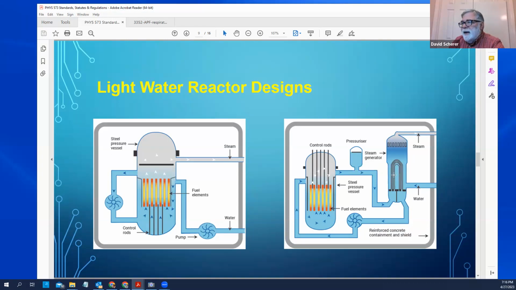That water is then passed through a heat exchanger. So the very hot water runs through small tubes. Another loop of water, a separate loop of water, comes in. It's heated by the tubes in the heat exchanger, produces steam, and this loop runs off and goes through a turbine to generate electricity.